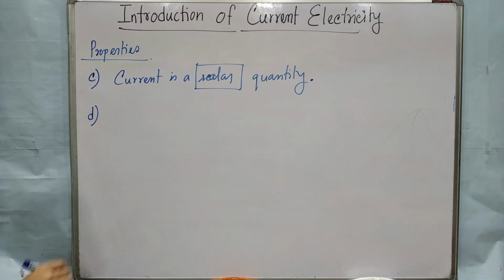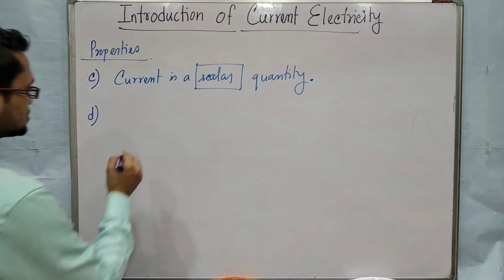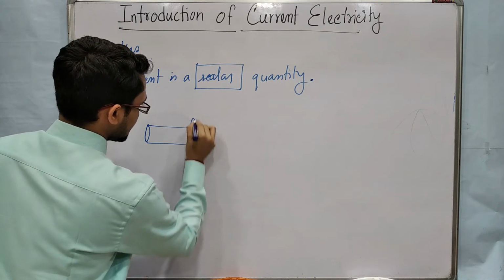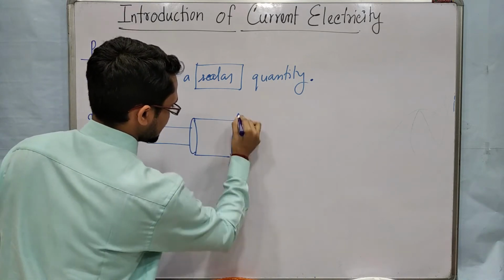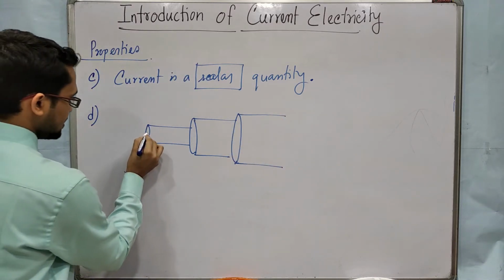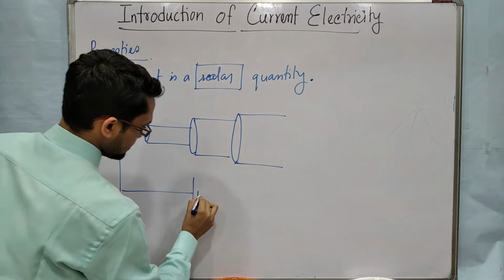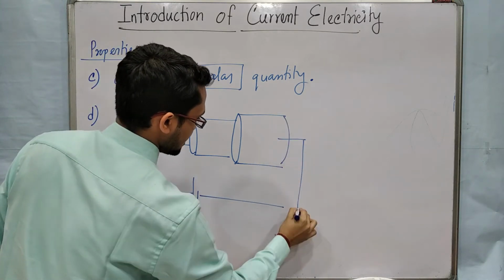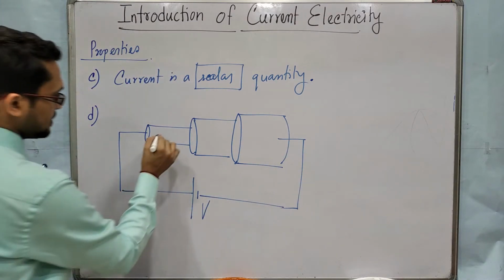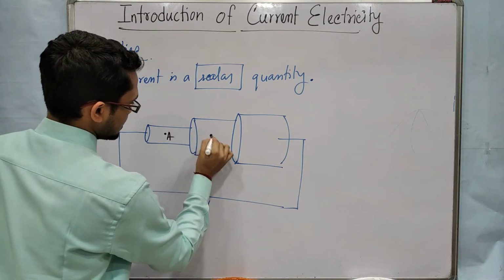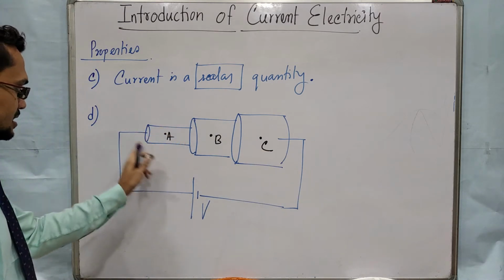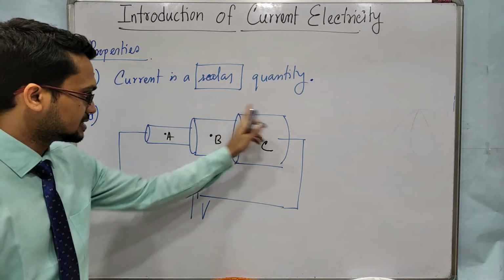Second point, suppose this is a conductor with different cross sectional areas, connected with some battery, an external source of potential V. Now I am taking three points: point A is inside this part, point B inside this part, and point C inside this part.